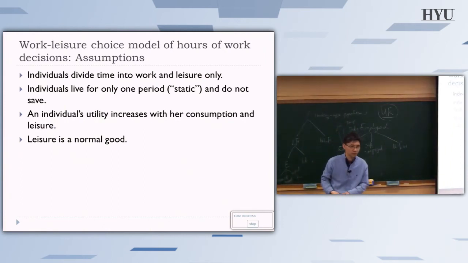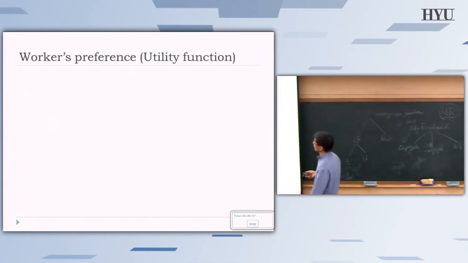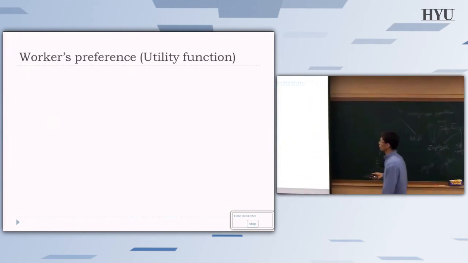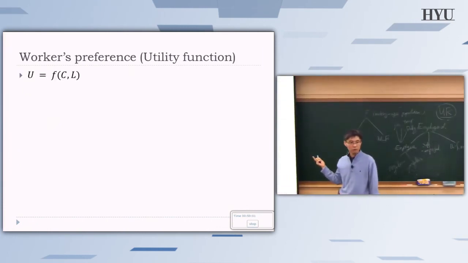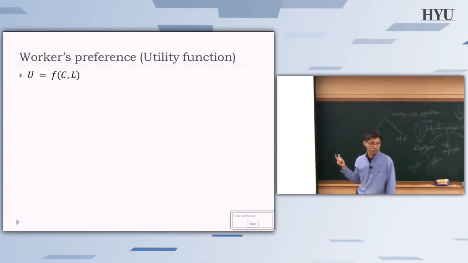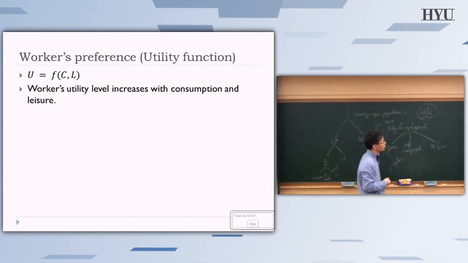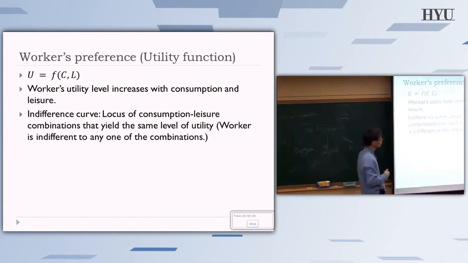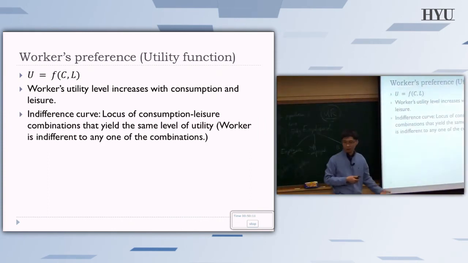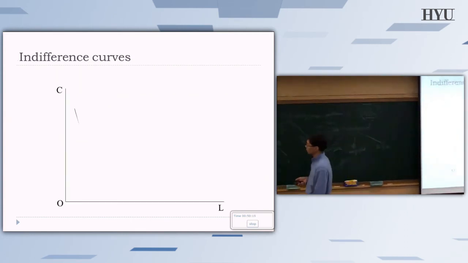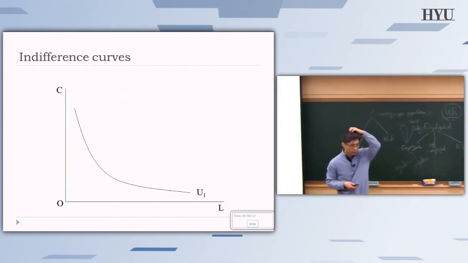So when we look at the worker's preference, it's basically a utility function with two goods, C and L. C is consumption, L is leisure. We can draw an indifference curve, obviously.